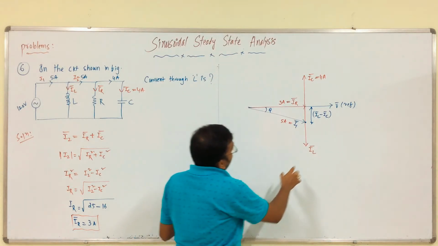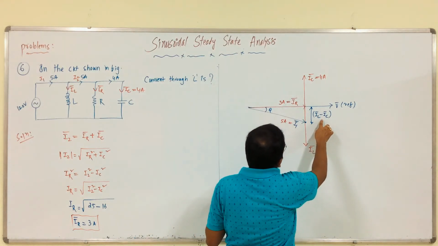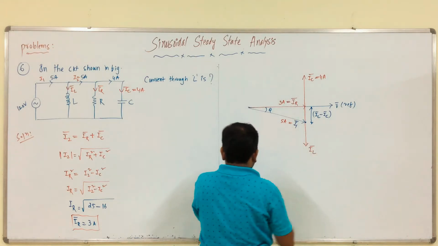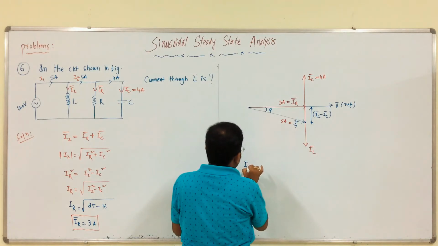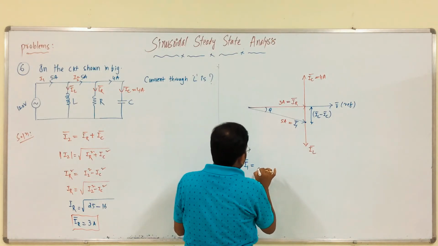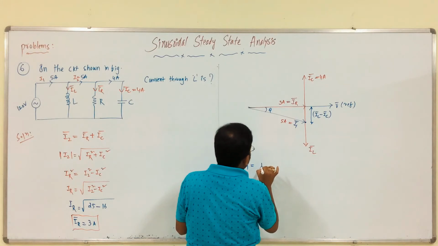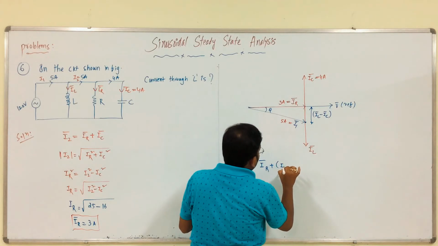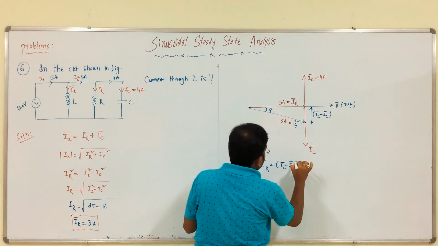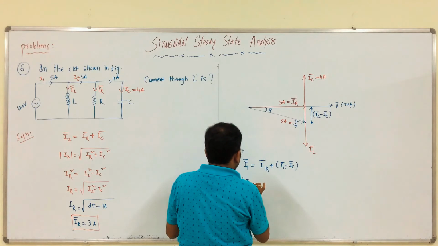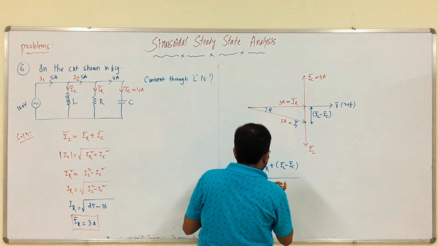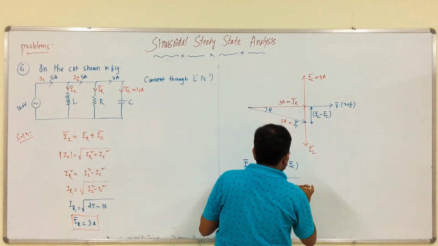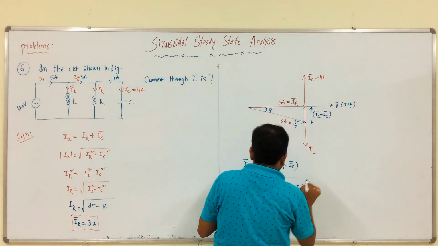So, to get the value of IL, see, from this IR square plus IL minus IC whole square is nothing but 5, right? From phasor, see, I1 is nothing but, we can write IR plus IL minus IC. Clear? Therefore, mod I1, which is equals to square root of IR square plus IL minus IC whole square.